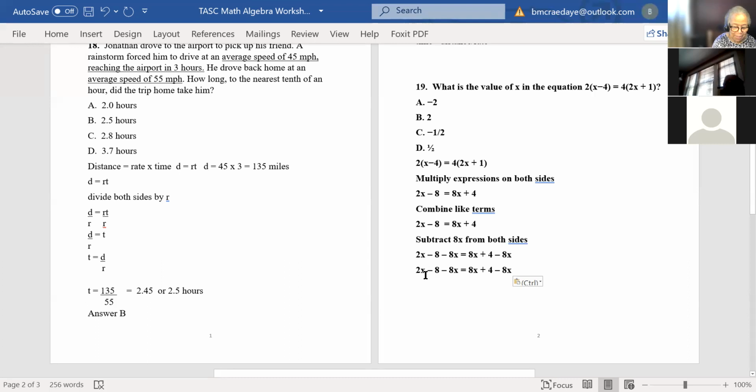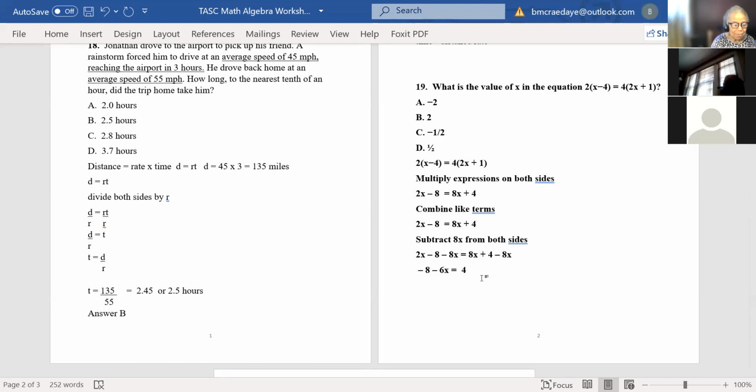That's right. So that would be minus 6x. And then the minus 8x and plus 8x gives you 0. So this would just be 0, leaving 4 over here. Right? Now what do you do next?